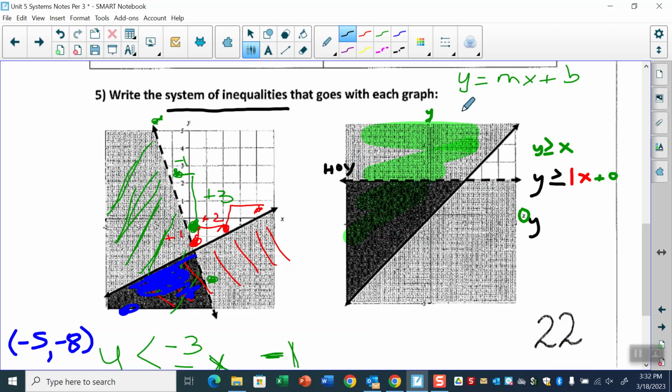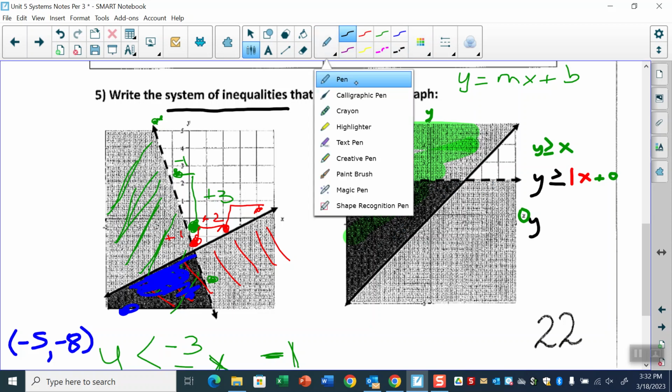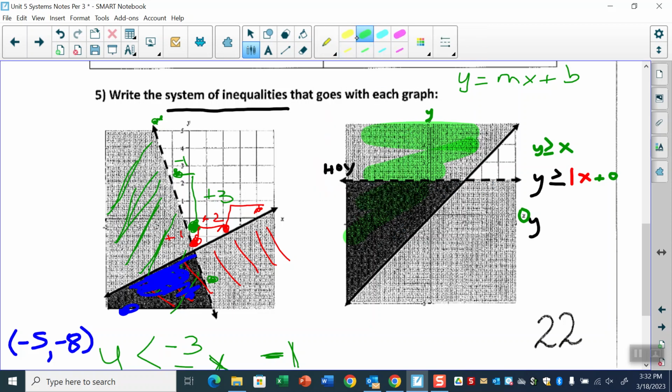Now, since it's shaded below the horizontal line, that would be a less than. So I'm going to write, kind of looks like an L, less than. And since it's dashed, there's no little equal sign, it's just less than.